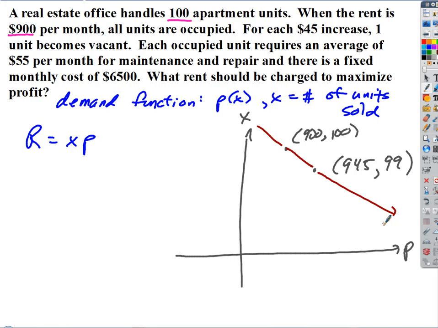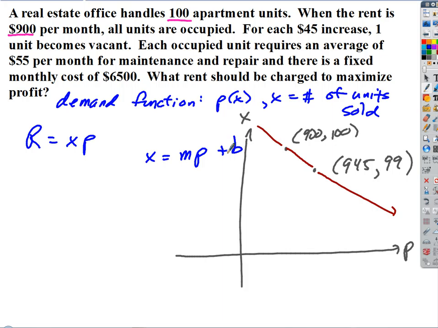So we got these 2 ordered pairs. Instead of y equals mx plus b, what's our slope-intercept form of a line going to be with our variables, p and x instead of x and y? x equals m p plus b, where b is the y-intercept and m is the slope.